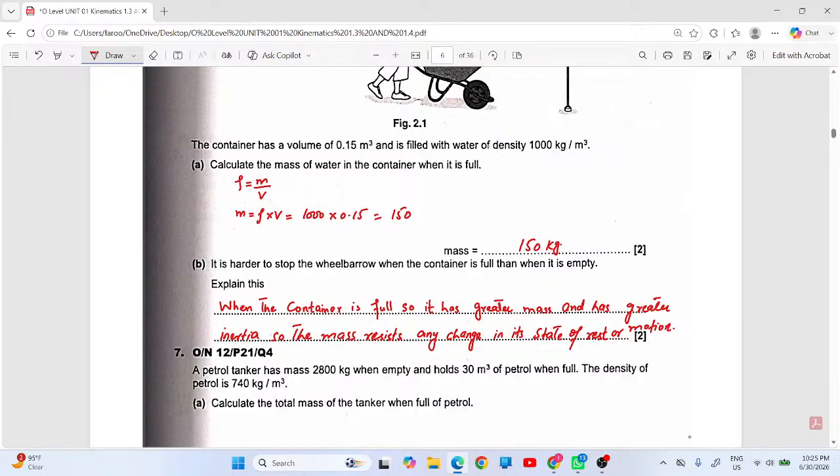Just write motion, because it is moving. So the mass resists any change in its state of motion. Any confusion?